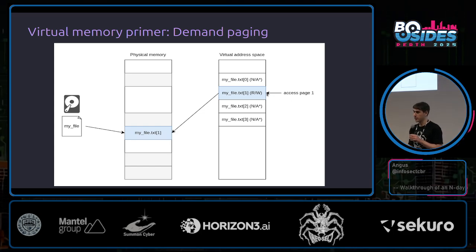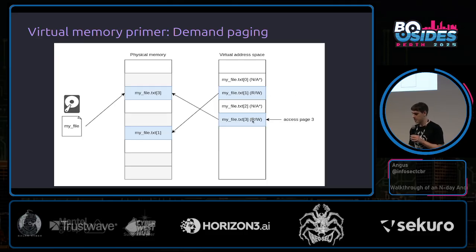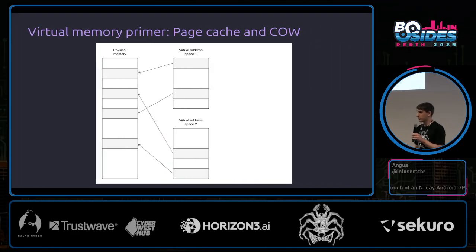And then the user can actually access that page as they originally intended. The advantage of this is that only the pages which actually get accessed get brought into memory, and they only get brought into memory when they're needed for the first time, which can be a significant saving in physical memory usage.